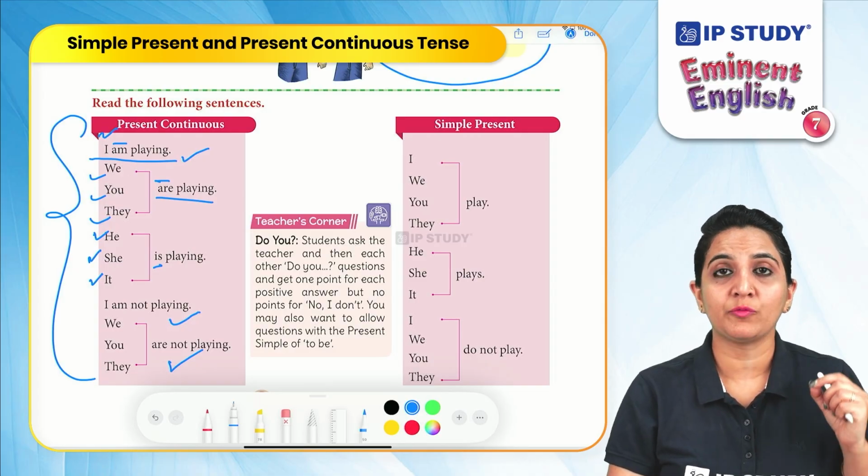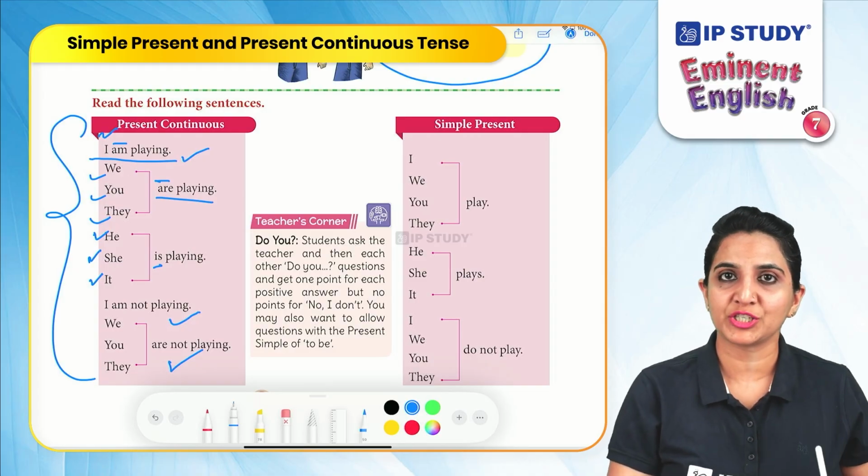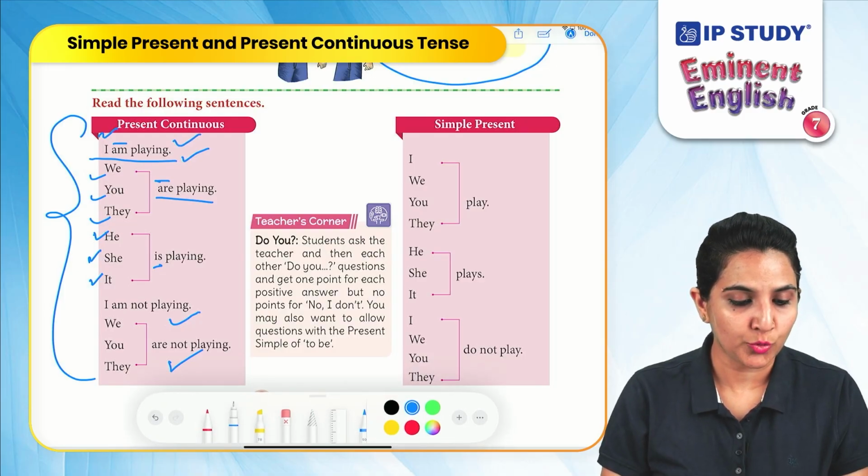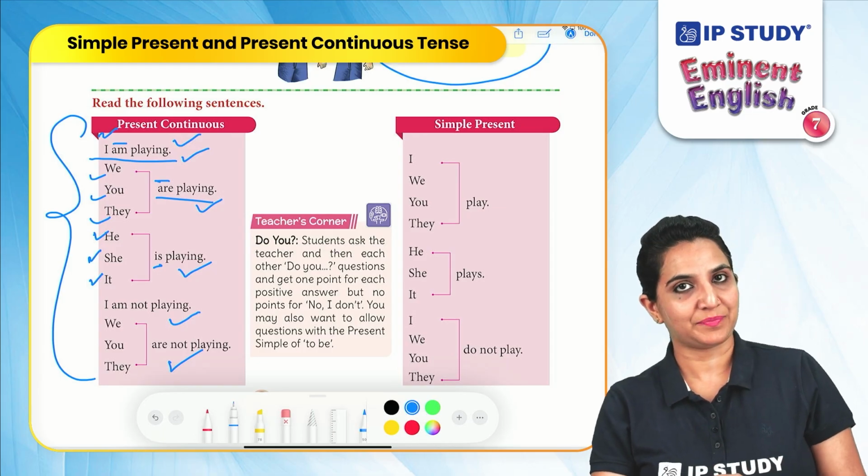But the helping verb constantly was changing. For example, I am playing. We, you, they are playing. He, she, it is playing. I am not playing. We are not playing.